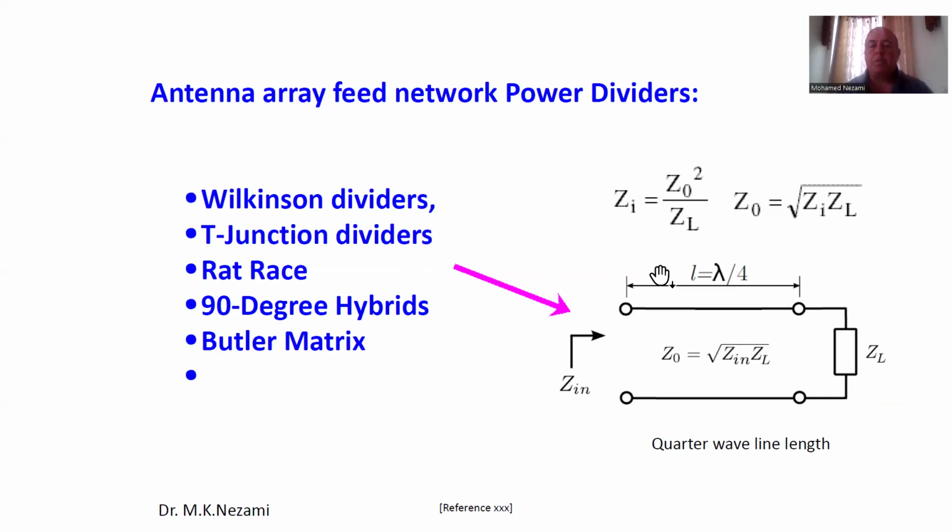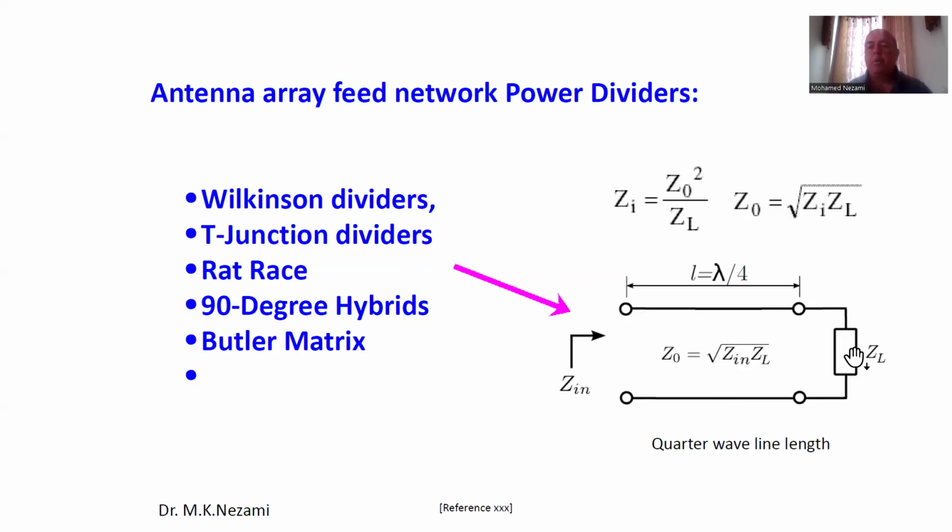A quarter wave transmission line says this: if you have a load, and you have a quarter wavelength line in here, the input impedance is equal to the characteristic impedance of the line squared divided by the load.